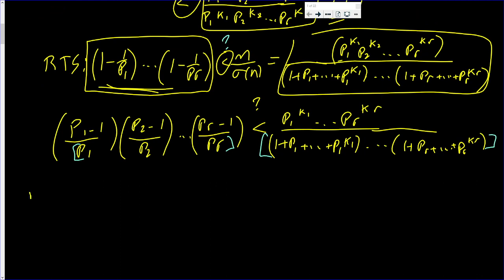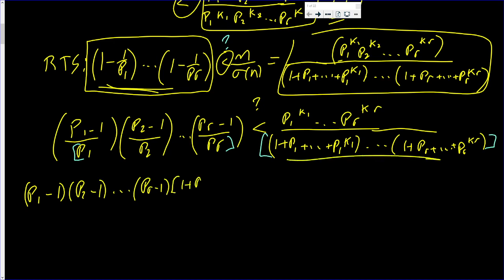So what I have now is p1 minus 1 times p2 minus 1 all the way down to p r minus 1, times what I just moved, which is this here: 1 plus p1 all the way up to p1 to the k1, times dot dot dot, 1 plus p sub r all the way up to p sub r to the k sub r.